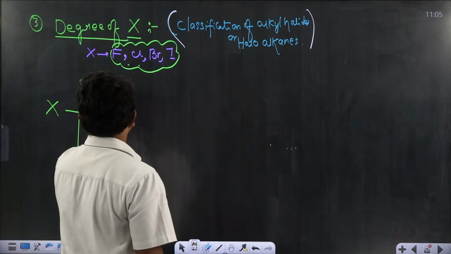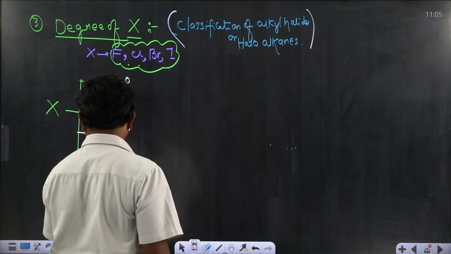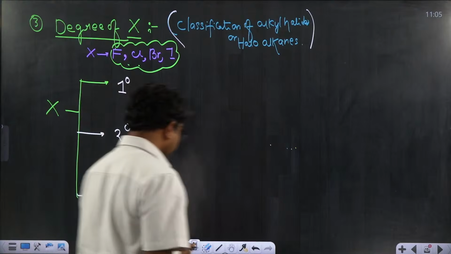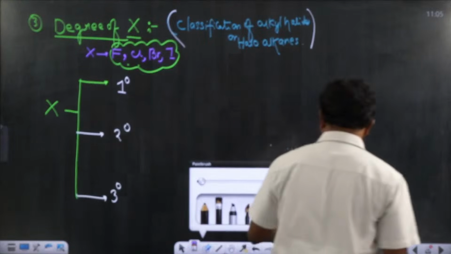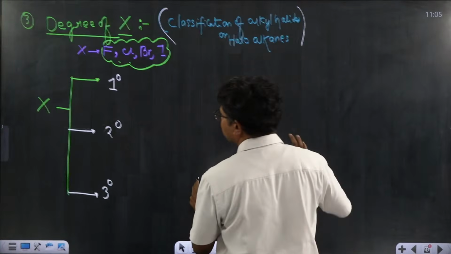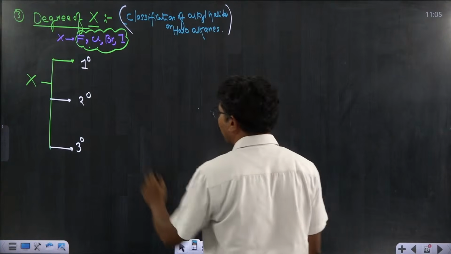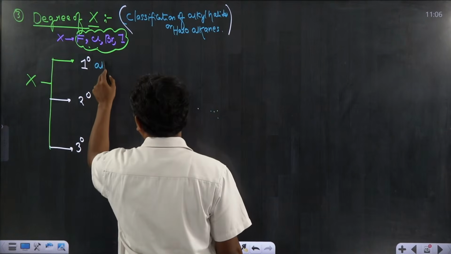It is primary, secondary, and again tertiary. We will try to discuss whether the existence of quaternary alkyl halide is there or not. First, let me define what is primary alkyl halide or 1 degree alkyl halide.